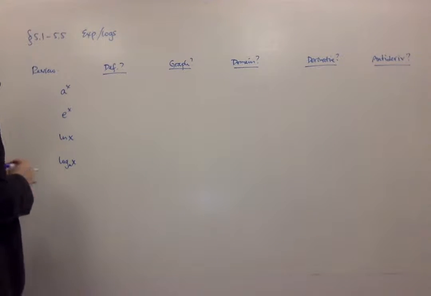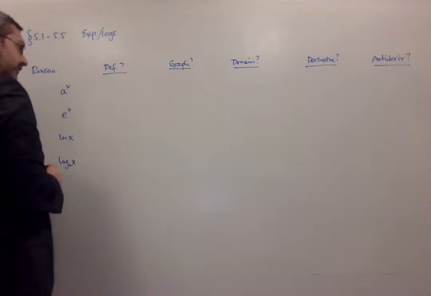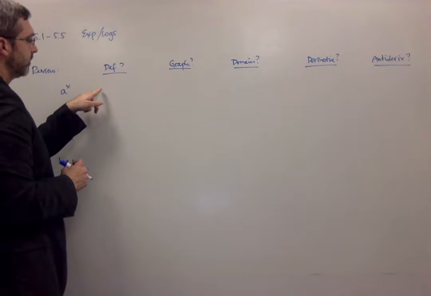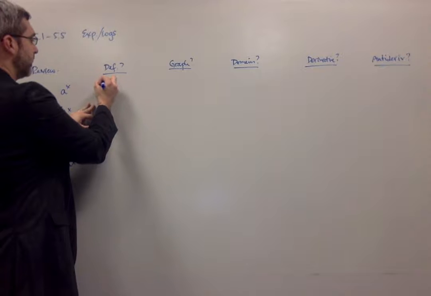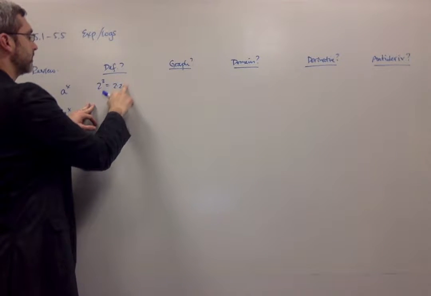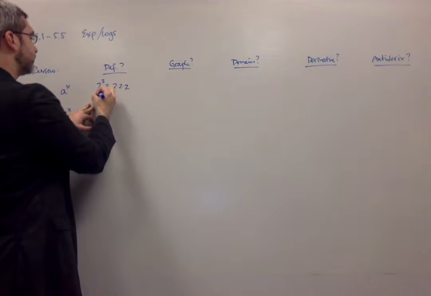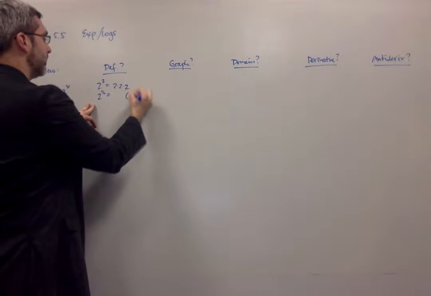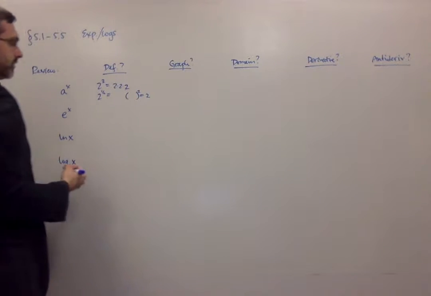Okay, so the definition of a to the x, well, we didn't really have a good definition here. If I had 2 to the x, we talked about what 2 to the third means. That's 3 copies of 2. What does 2 to the 1/2 mean? This is the number that if I square it, I get 2.